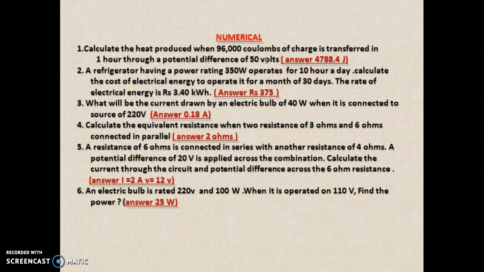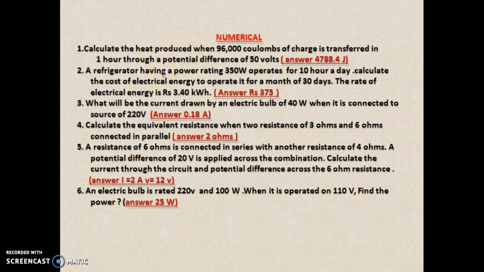Charge is given, time is given, and you have to find out the heat produced. So first you have to find out the resistance. For the resistance, R is equal to V upon I. Then you can find out the heat produced using the formula I square into R into T. You will get the answer.